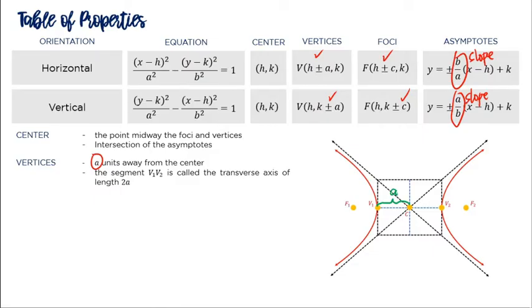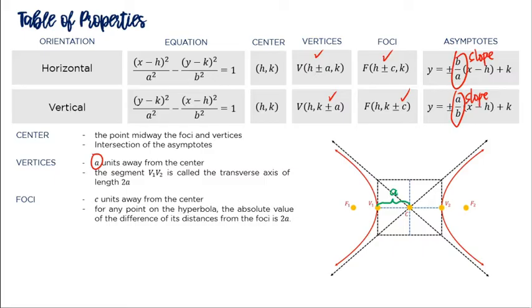Now for the foci naman, for the foci, as you can see in the formula, nagdi-differ lang siya sa center by that letter C. Right? So therefore, the foci are C units away from the center. Now, from the equation, standard equation, wala kang makikitang C. So how will you solve for C? So we have this property.